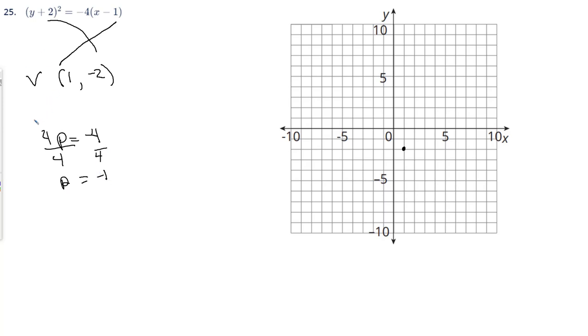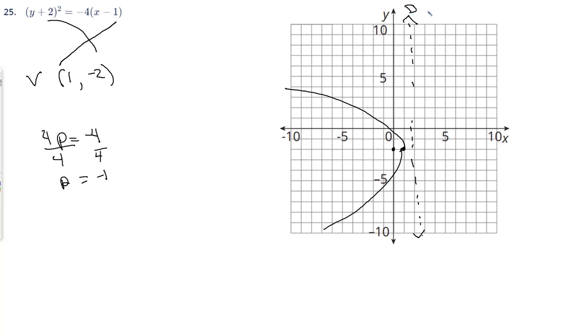Is this graph opening left and right or up and down? So that means I go back -1 here. And my directrix goes up and down. And I draw in my parabola.